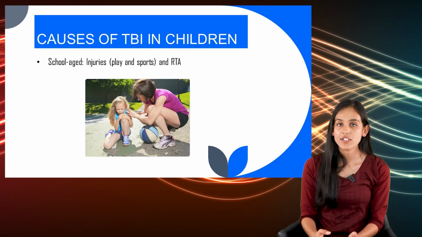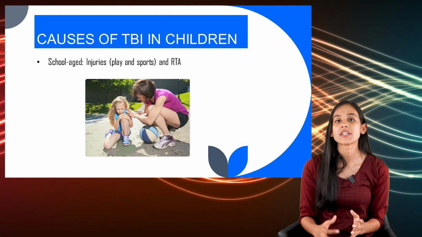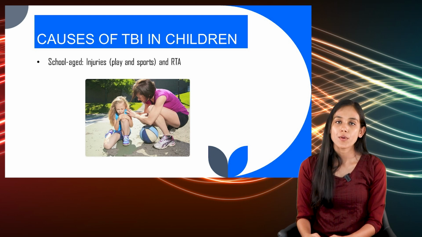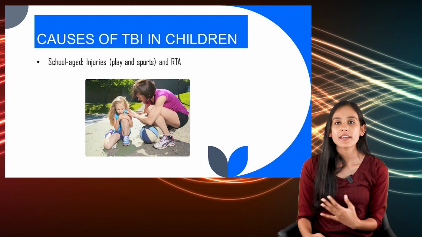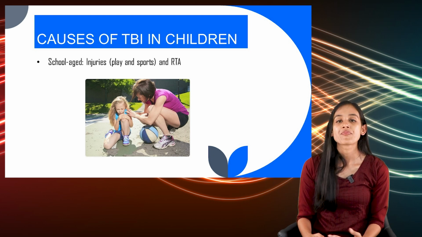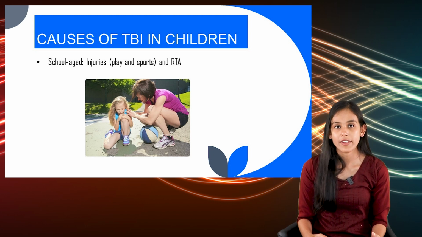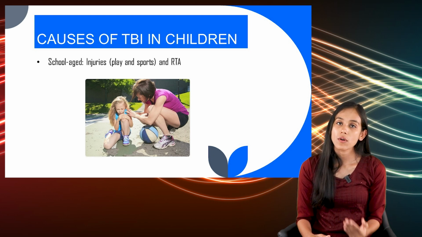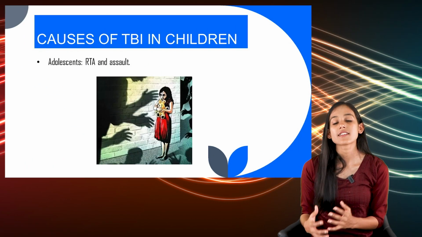And then there are school-aged children. In school-aged children, the injuries can be related to play and sports. There might be sports-related injuries, and due to that, there might be trauma to the head. There might also be motor vehicle accidents. If there are road traffic accidents, due to that also, there might be head injury. Next is adolescents.